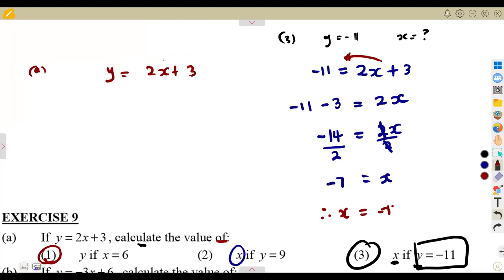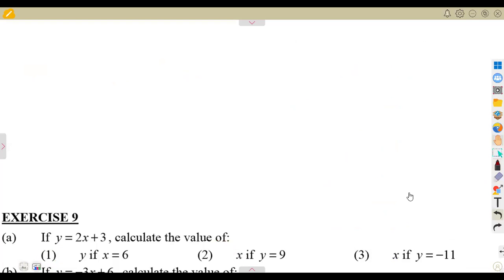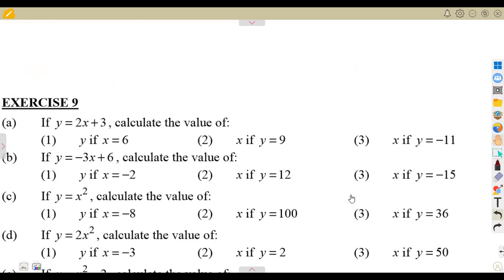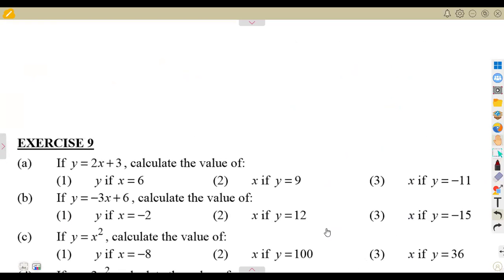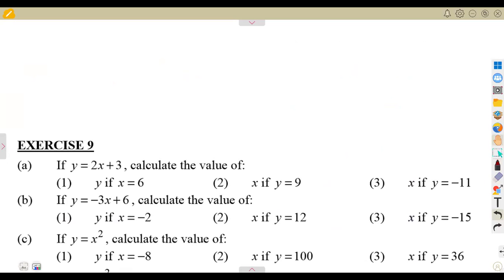Our x at that condition is going to be minus 7. So that's the condition then. You have to be careful. Substitute properly. Solve for what you need to find. Is it for y? Is it for x? So you are given different equations, as you can see on number 3 or number B there.